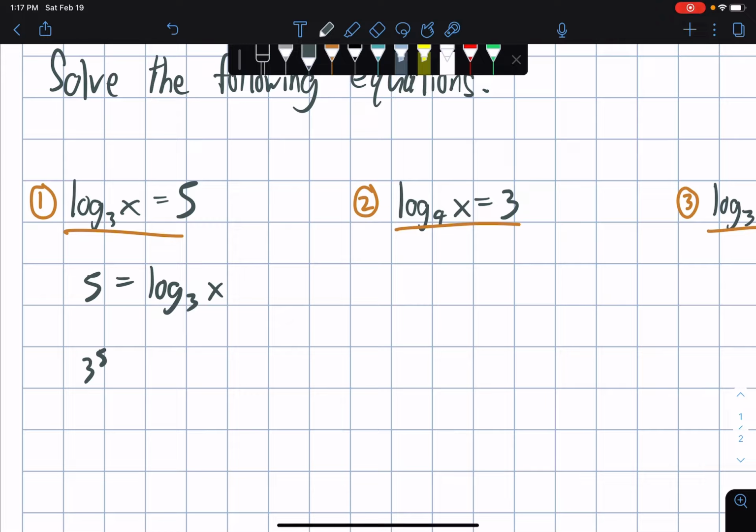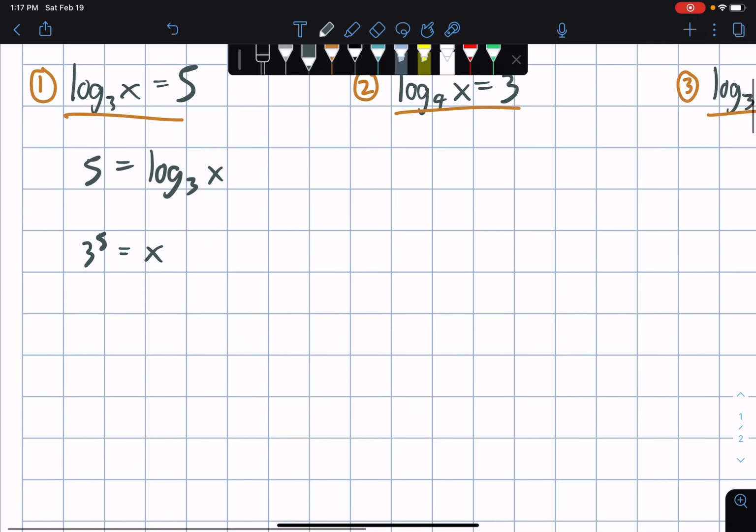The exponent will be the 5 at the left side. And our x will be the number at the right side. So x is equivalent to 3 raised to 5. I suppose you can calculate this mentally or solve it by hand or by calculator. The answer is 243.